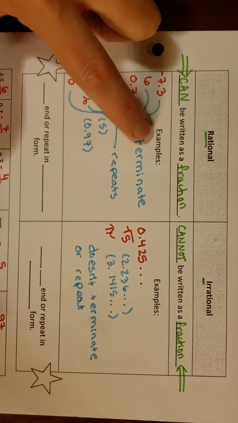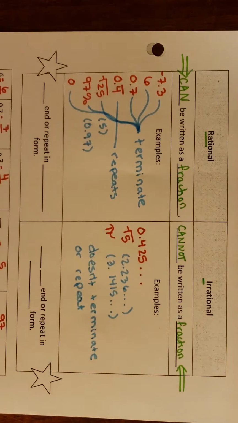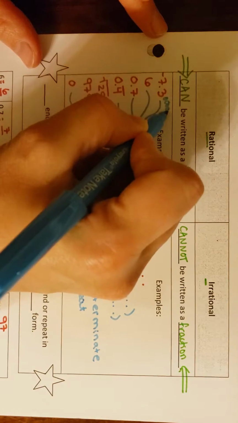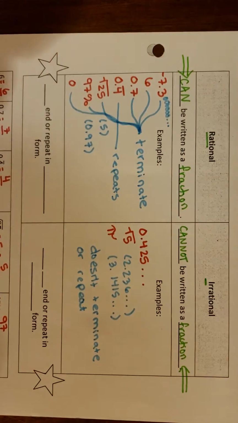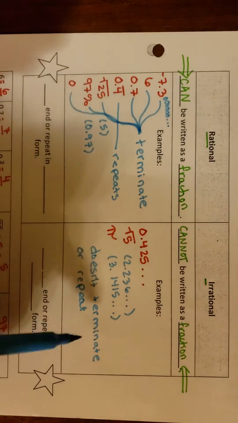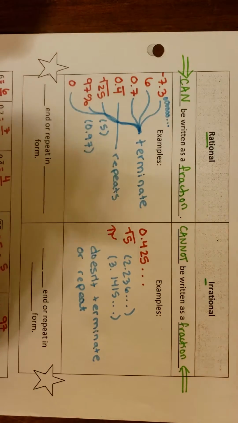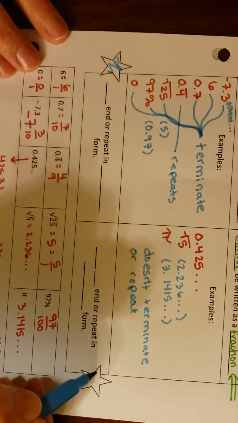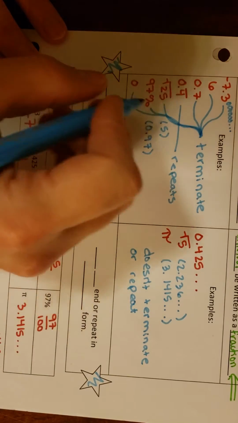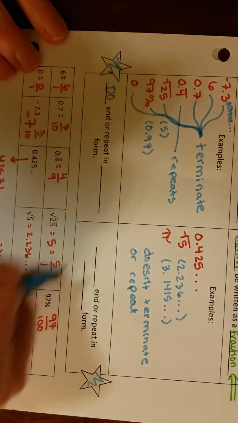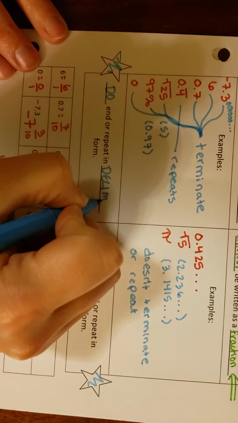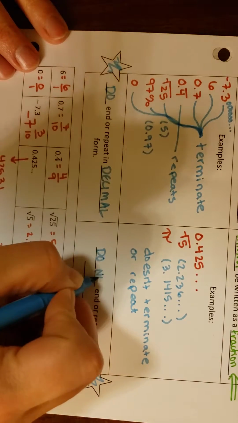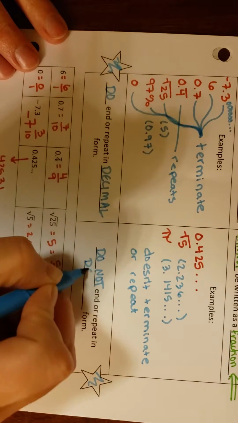So these either terminate or repeat. If you want to be super technical about it and go back to the previous objective, these technically repeat endless zeros. But let's not overthink that today. These don't terminate and they also have no sign of repetition. So this is our big point: rational numbers do end or repeat in their decimal form. And again, the opposite, the irrational numbers do not end or repeat in their decimal form.